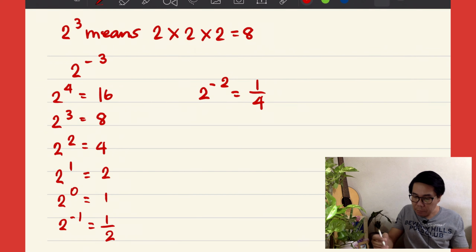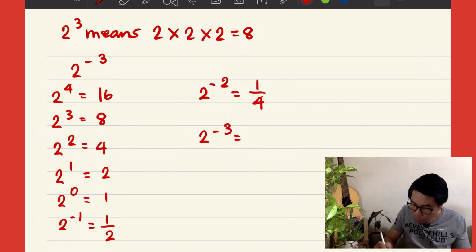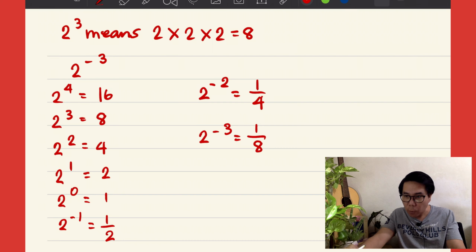So that means if we have 2 raised to the power of negative 3, we have 1/8, because half of 1/4 is 1/8. So we have seen the pattern. We keep on having it.